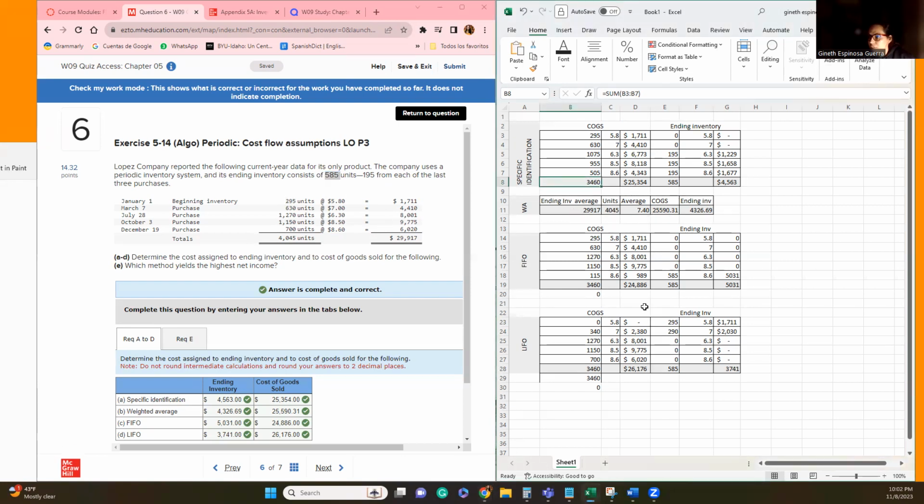Another trick is that we use addition to find the right numbers. For the FIFO, the last transaction is going to be affected, and for this one, the first two transactions are affected. Keep that in mind.